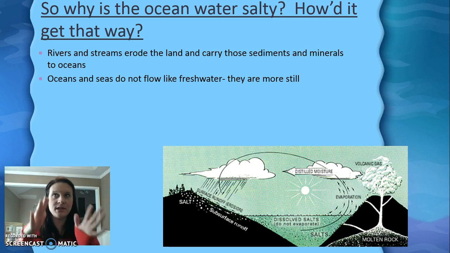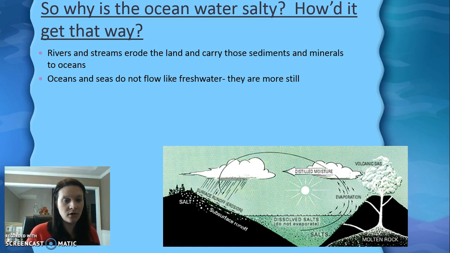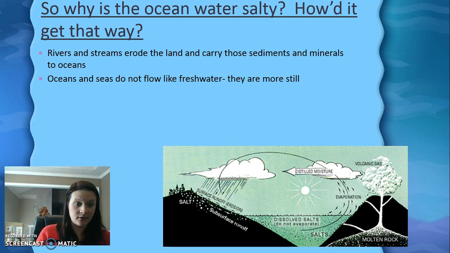Yes, oceans have currents, but for the most part they're fairly still bodies of water. They can move around, but they're not going from one source to another and emptying out elsewhere. They're not refreshing themselves, so it does just tend to accumulate over time.